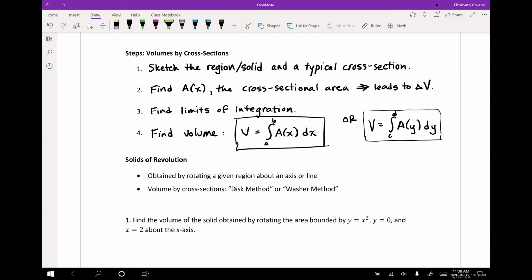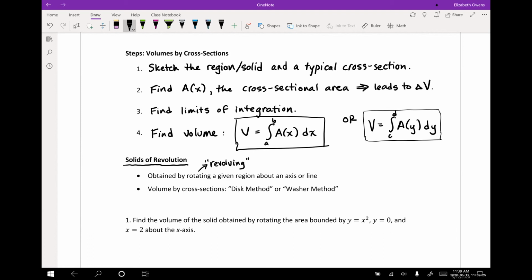But we are going to focus on a particular type of solid in this class called a solid of revolution. It's revolutionary. Well, what we're actually referring to is that the solid is created by using rotation or revolution. We are going to obtain these by rotating or revolving a given region about an axis or line.